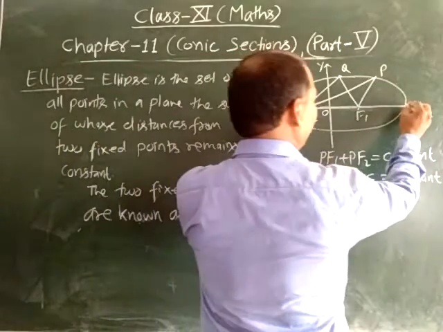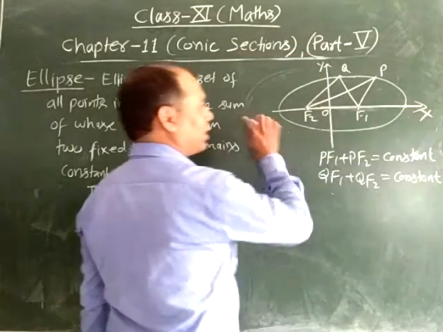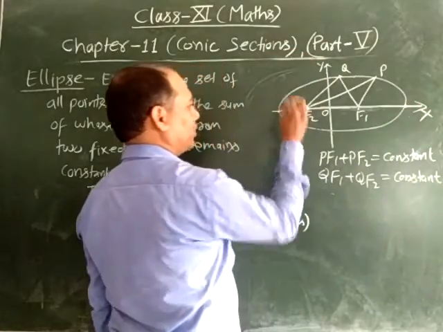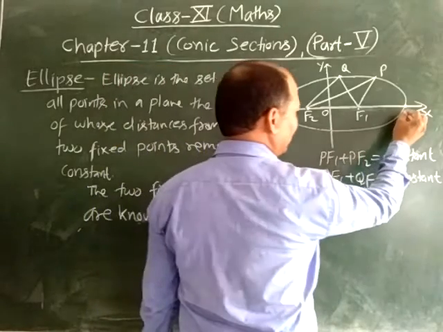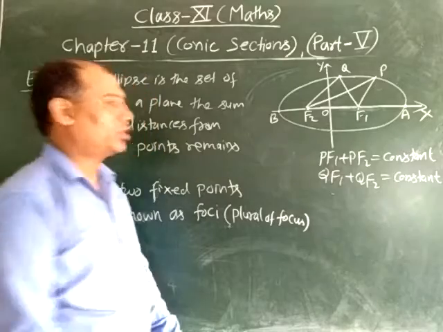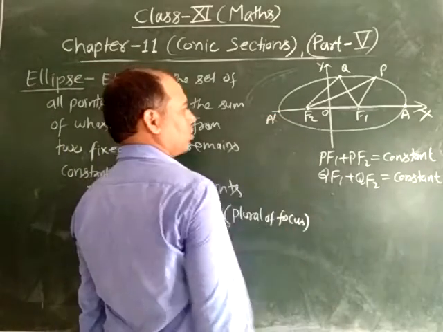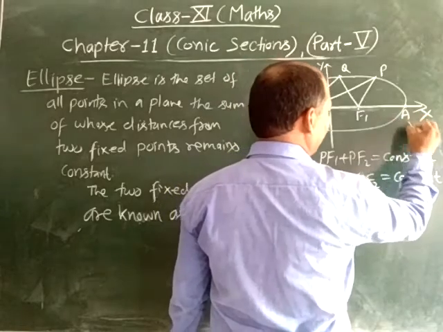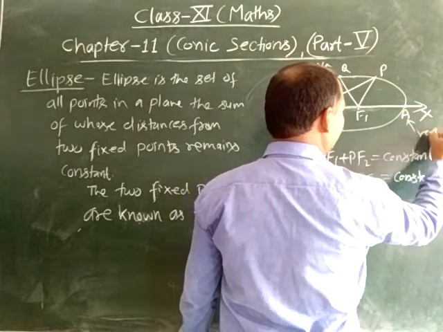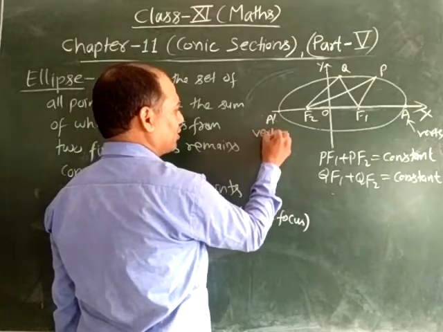Now the ellipse intersects the x-axis at these 2 points. These 2 points are known as the vertices of the ellipse. One vertex is A and another vertex is A dash.